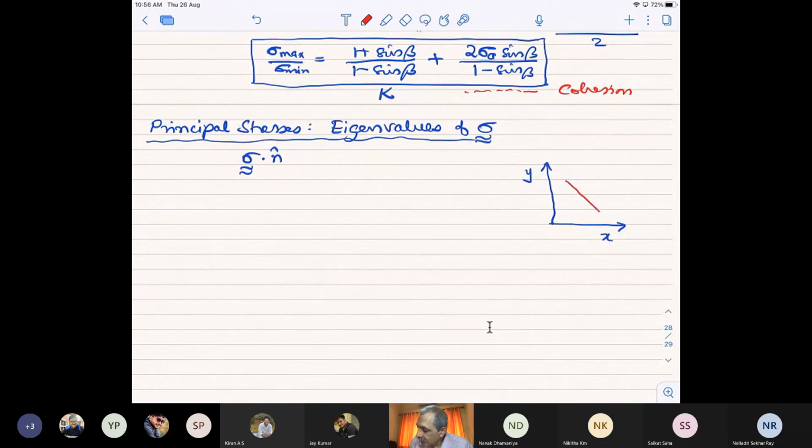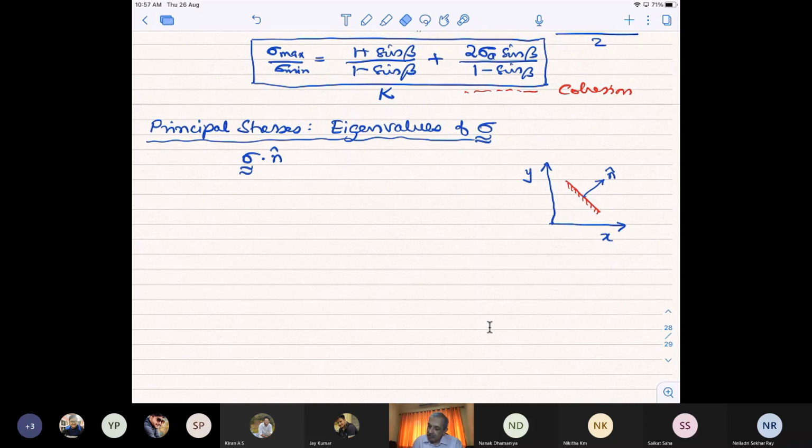So let's say this is my surface, nice red color surface, and this has a normal vector n, and that makes an angle alpha. But we are not bothered right now about alpha, so I'm going to just remove this. So this is what I have. I want to find out the normal vector.